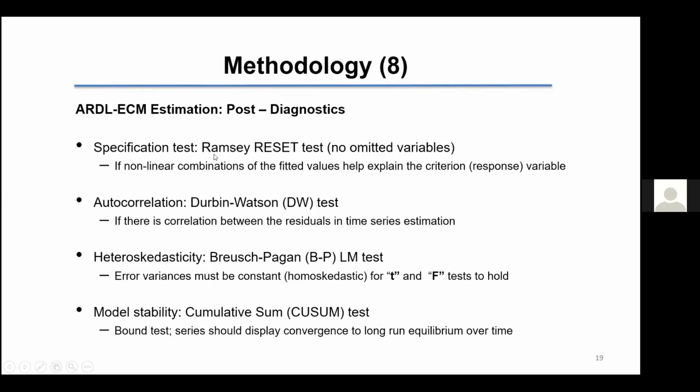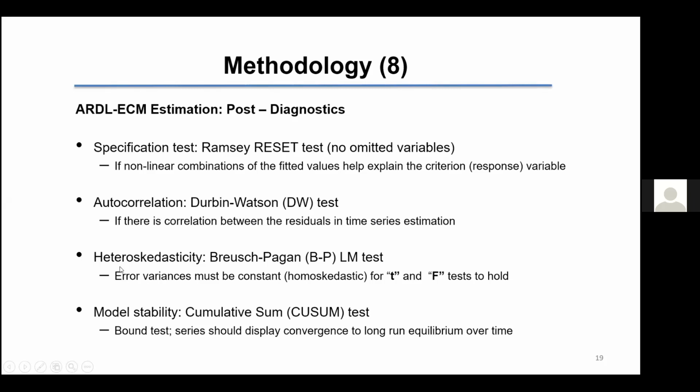First, you have to check if what you specified or estimated is correctly specified, most importantly, with no omitted variables. The second case is autocorrelation. Here we are talking about residuals from your estimation, which are not supposed to be correlated with each other, as a requirement.